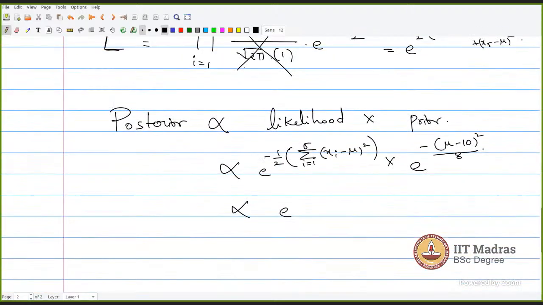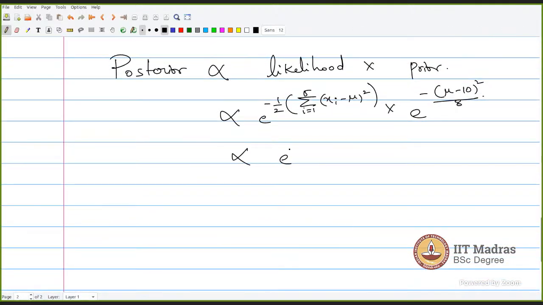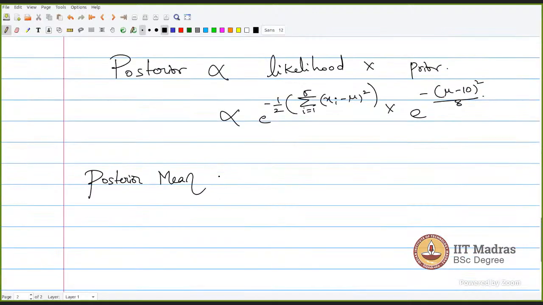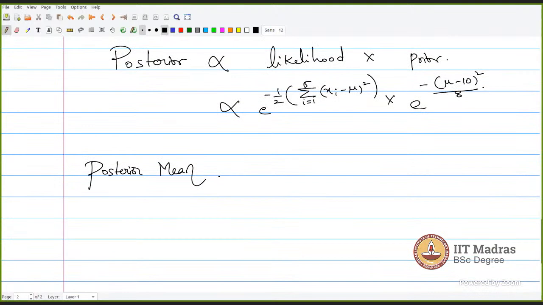If you simplify this, you will get e power... In the lecture it is given, right? When n tends to infinity, the likelihood part will be the sample mean times n sigma squared by n sigma squared plus sigma naught squared, plus the prior mean mu naught times sigma squared divided by n sigma naught squared plus sigma squared.